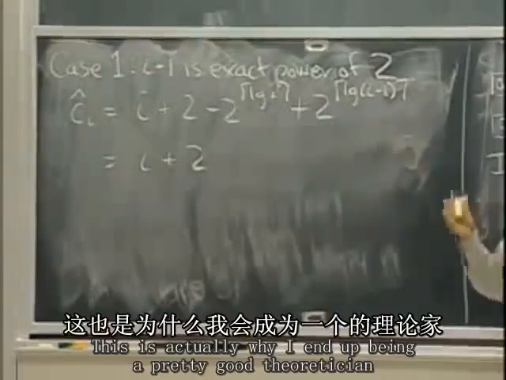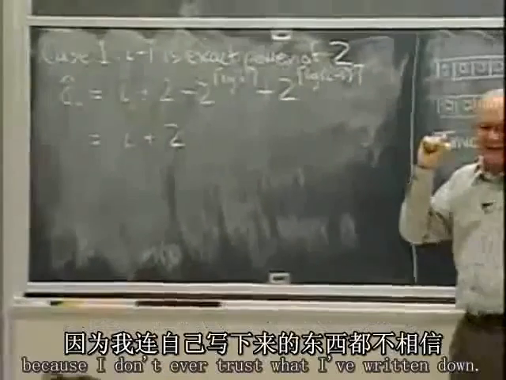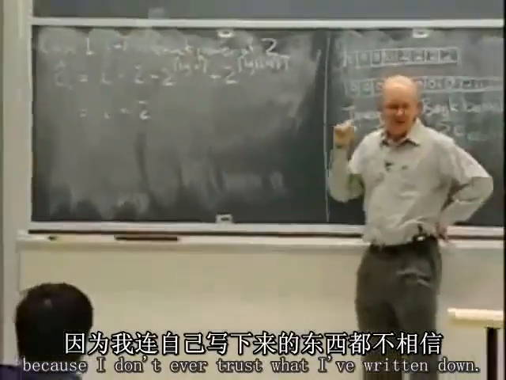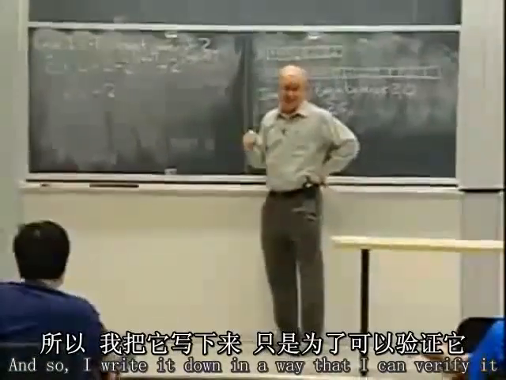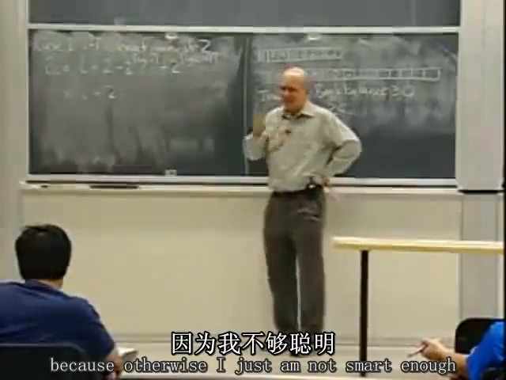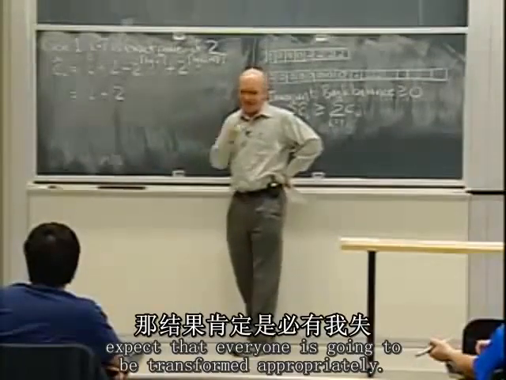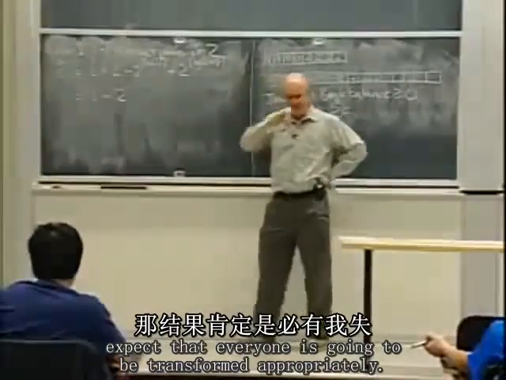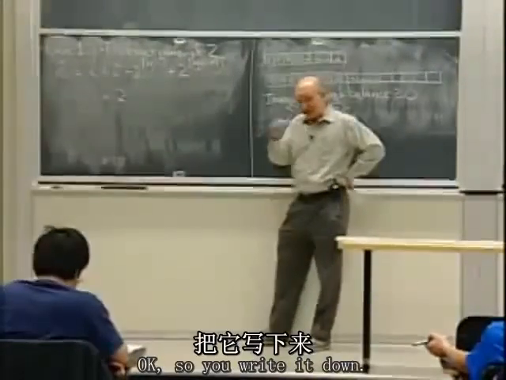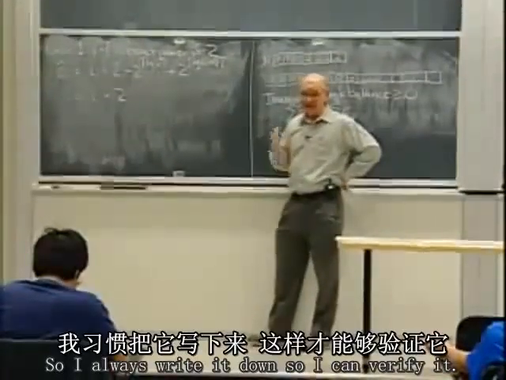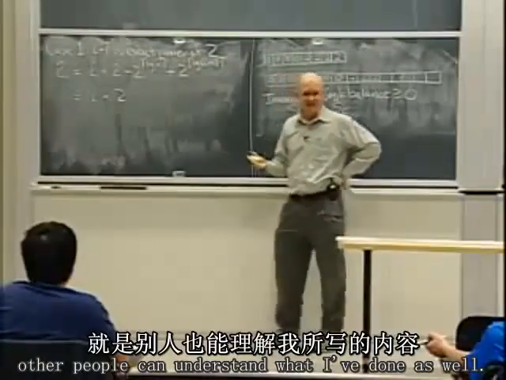This is actually why I end up being a pretty good theoretician, because I don't ever trust what I've written down. And so I write it down in a way that I can verify it, because otherwise I just am not smart enough to carry through 5 equations in a row and expect that every one is going to be transformed appropriately. So I always write it down so I can verify it. And that, fortunately, has the side benefit that other people can understand what I've done as well.